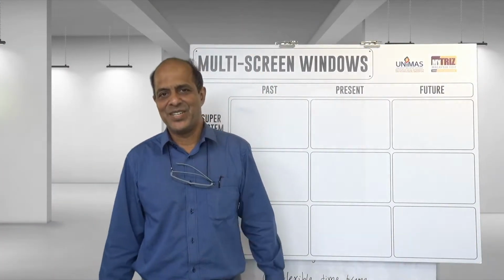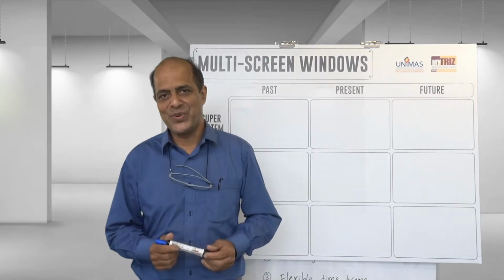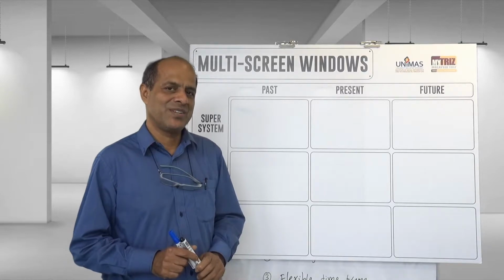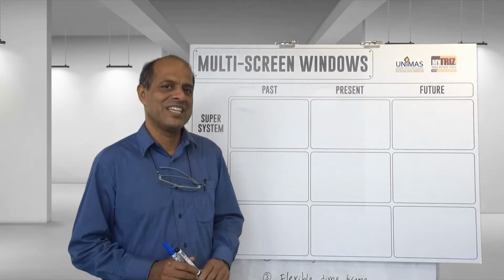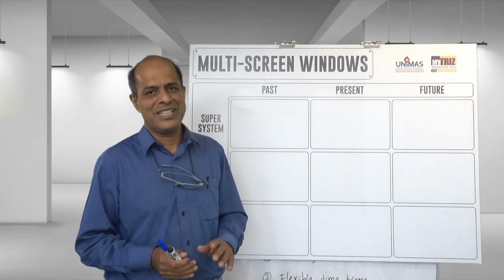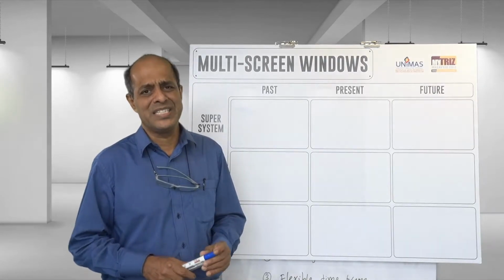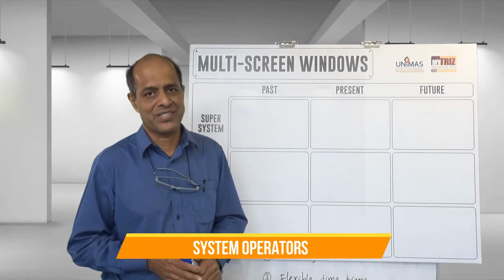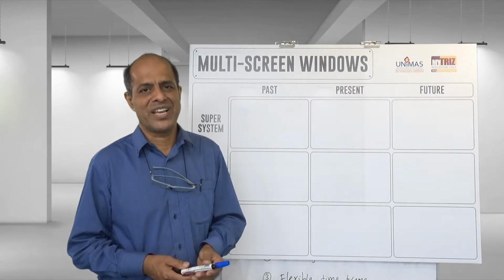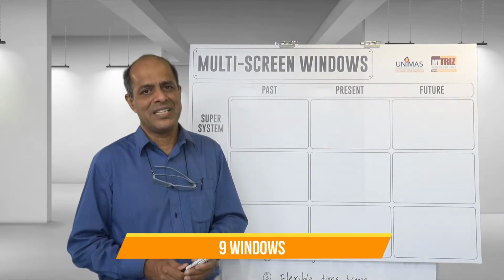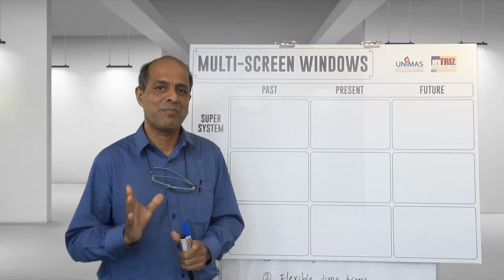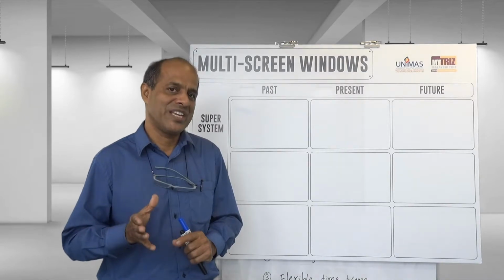Welcome back. Today we're going to continue with our exploration of TRIZ tools, and in today's class we're going to see multi-screen thinking. Multi-screen thinking was earlier known as system operators, and some people like to refer to it as 9 windows, but that is probably a very static representation of the concept of multi-screen thinking.